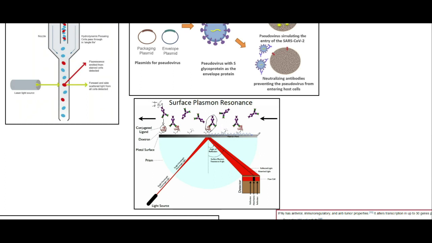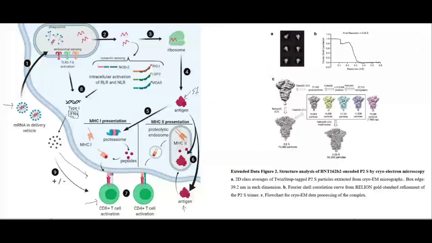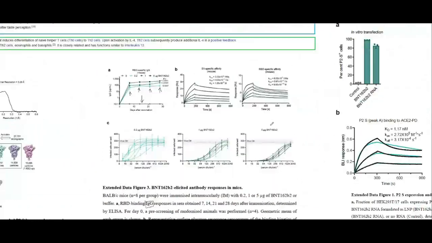It actually changes the conductance of this surface. And so you can look at how much the angle of reflection changes. And with that, you can measure. So this is actually measuring the resonance. This is actually measuring how much the angle has changed.